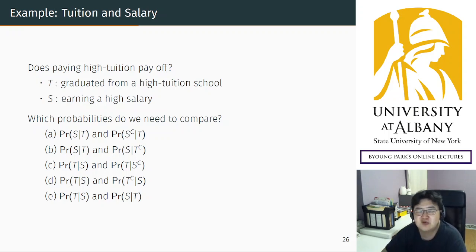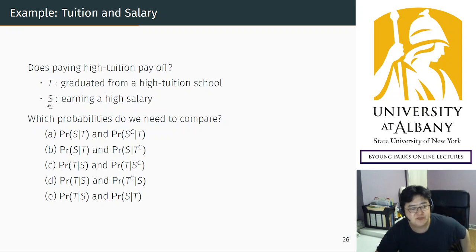So what we would like to examine here is the relationship between high tuition and high salary. If you graduate from a high tuition school, will you be more likely to earn a higher salary or not? So I will denote graduation from a high tuition school as T and high salary as S, right?